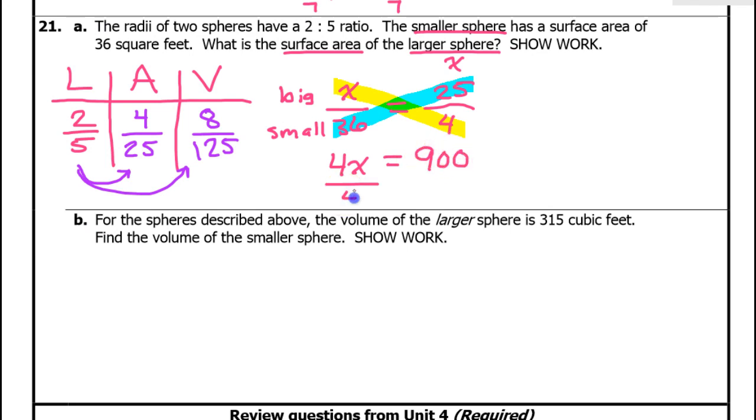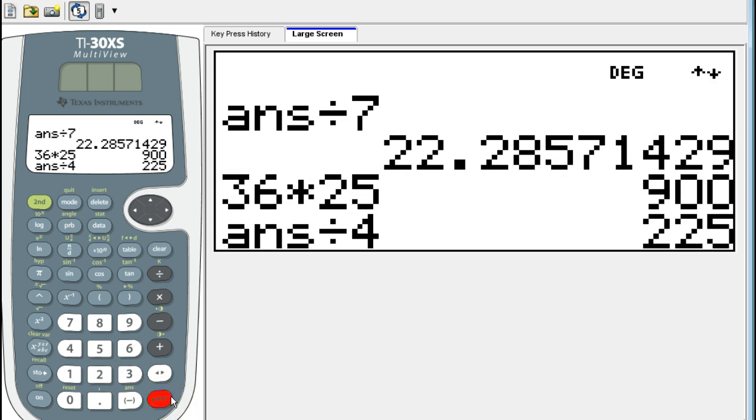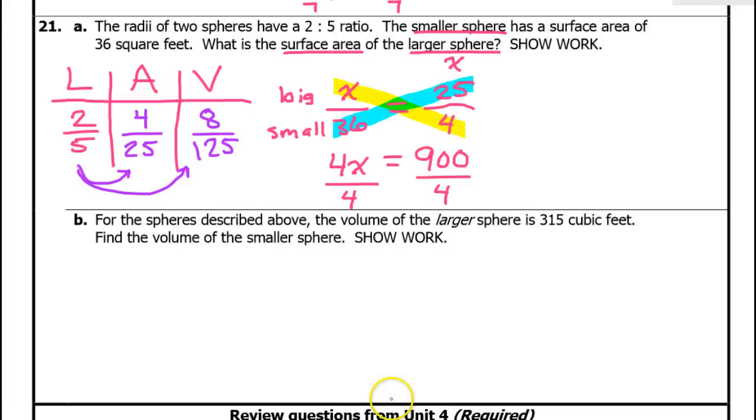And then if we divide both sides by 4, that's going to give us 225. Now, this is area, so don't forget your units, which are square feet, which I will just put feet squared like that.